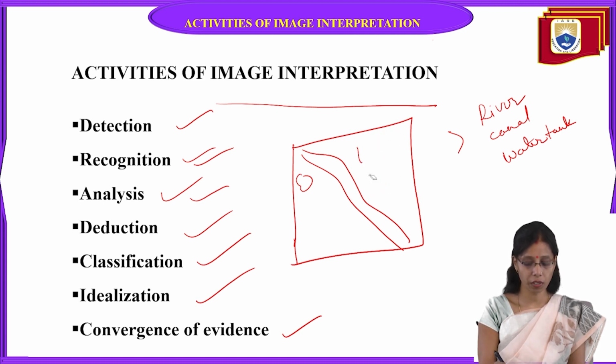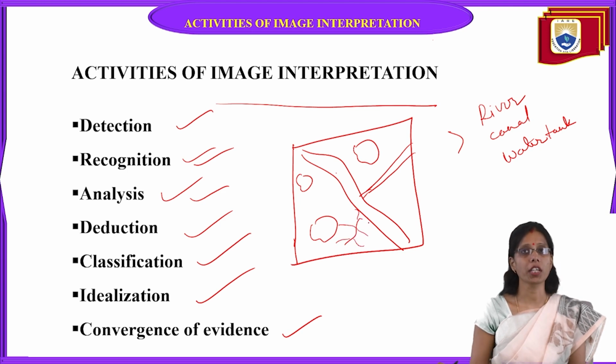Only what we are going to identify is water body. There is a water tank present over here, there is a river, and if there is a canal that also will come under water body, and some drainage patterns will come under water body. These are the features present in the image we are going to identify, and the rest of the things we are going to deduct, we are going to remove.